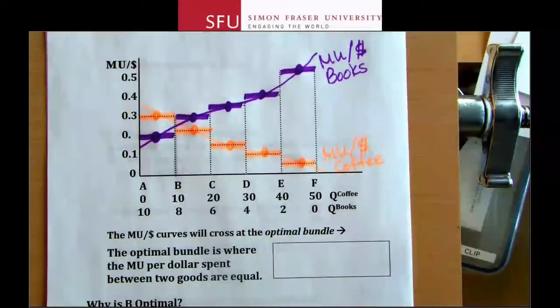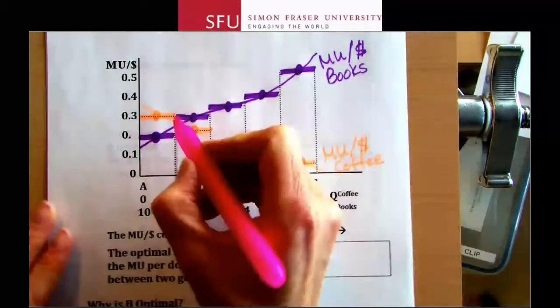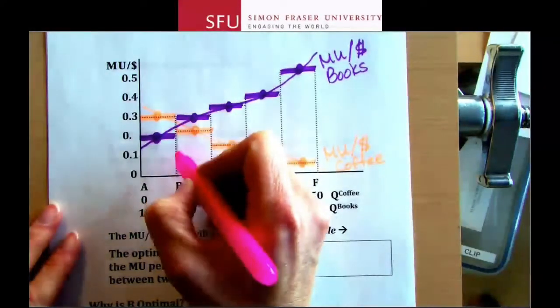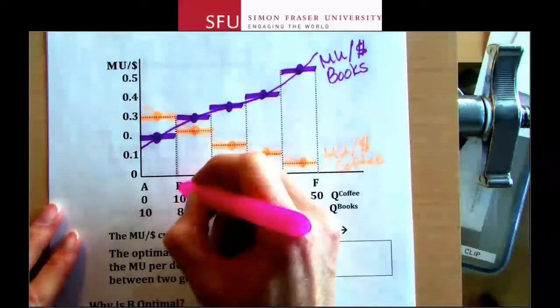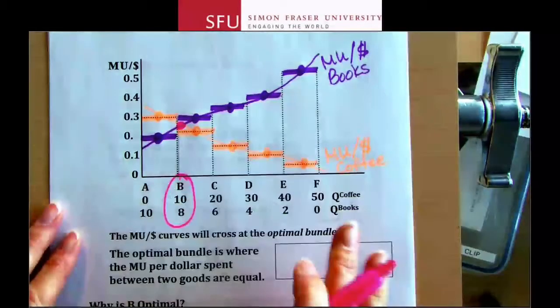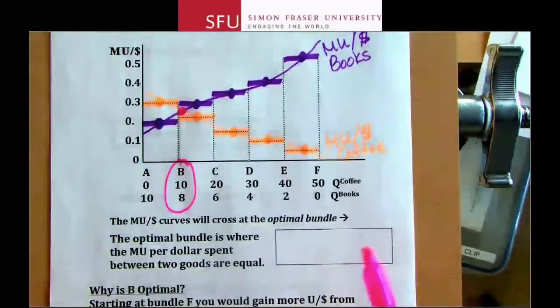Now, when you do that, what you'll see is that those two lines might not be exact, but they are crossing closest to bundle B. So we have an equilibrium here at bundle B, which we know is the best bundle.